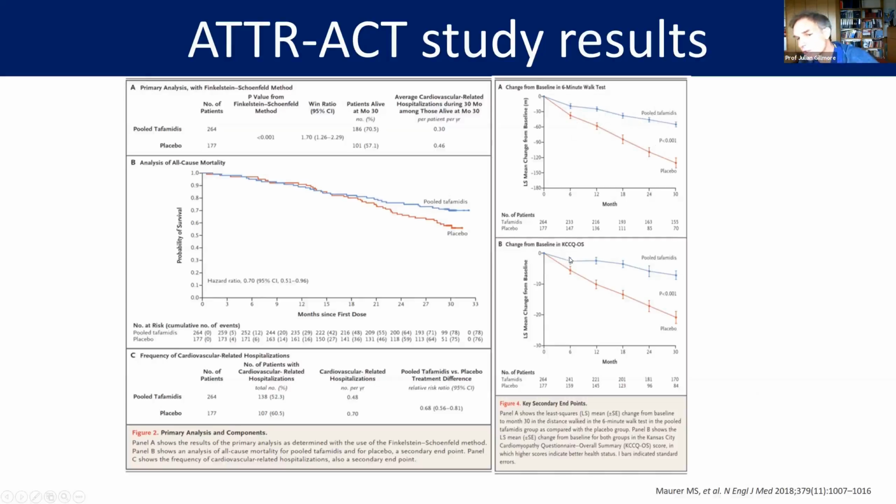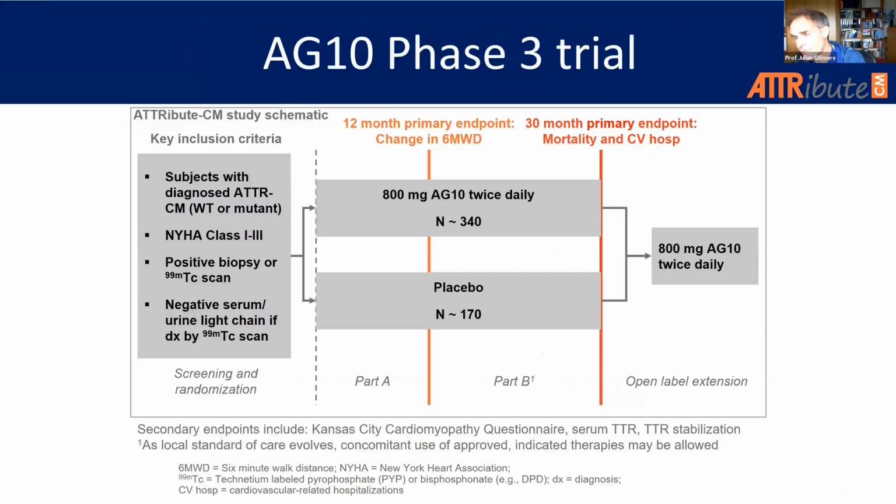And similarly, quality of life did decline, but it declined more slowly than in patients on placebo. And this is patient survival, and you can see here that the survival was better in patients on the drug than in patients on placebo.